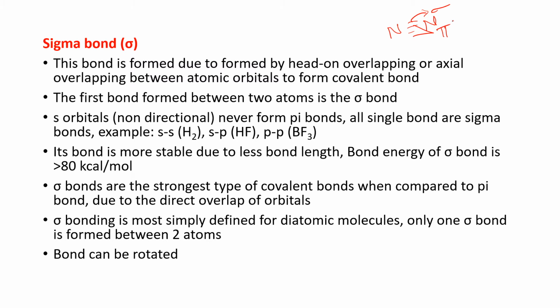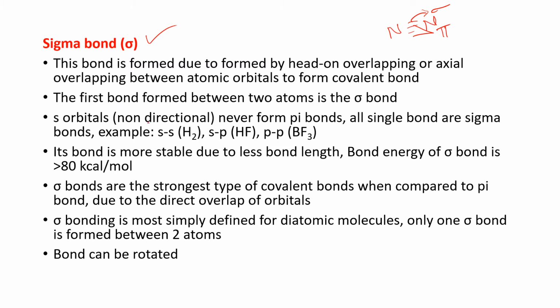It means for any atom, the first formed bond will be the sigma bond. After the formation of the sigma bond, any bond may form, especially a pi bond. Not only a pi bond, after formation of a sigma bond, another sigma bond may also form, but the first bond formed should be the sigma bond only.